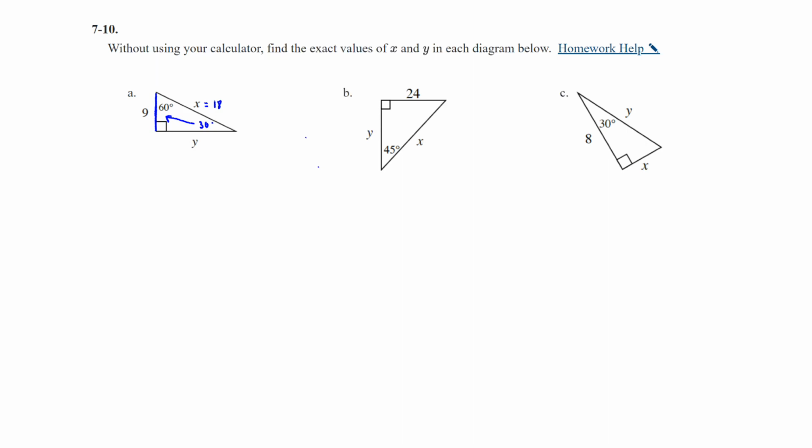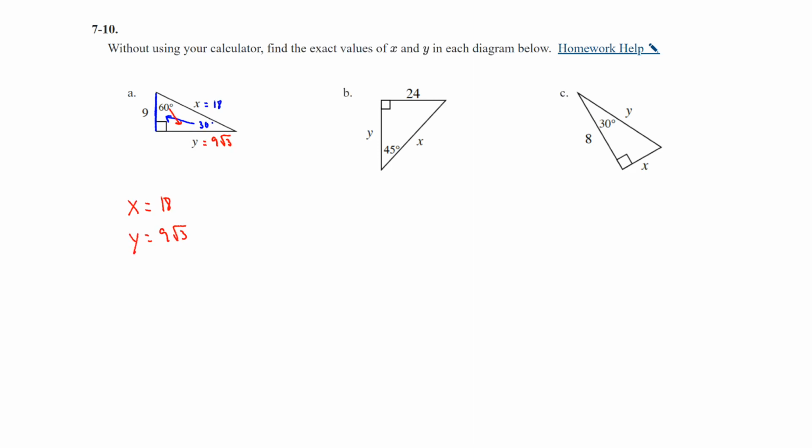The other thing is the long leg, which is across from the 60 degrees, is the short leg times the square root of 3. So the long leg in this case would be 9 square roots of 3. So I'm going to rewrite this. x is equal to 18 units, and y is equal to 9 square root of 3 units.